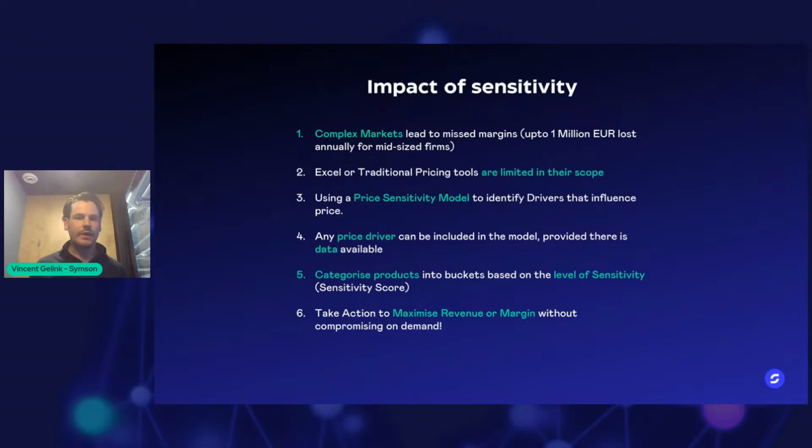The third one is that the use of a price sensitivity model helps you to identify the drivers of your price and how they influence it. So it gives a more comprehensive overview of the dynamics where you are active. Four is that any price driver can be included in the model as long as data is available.